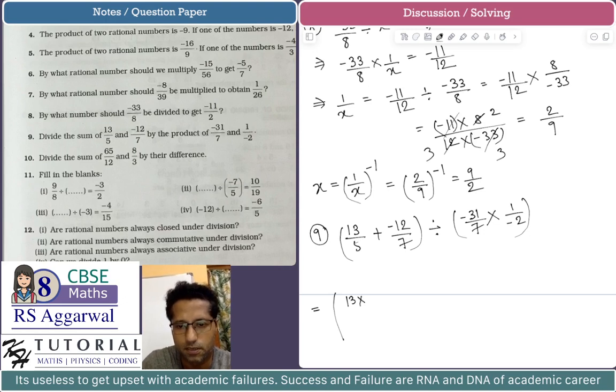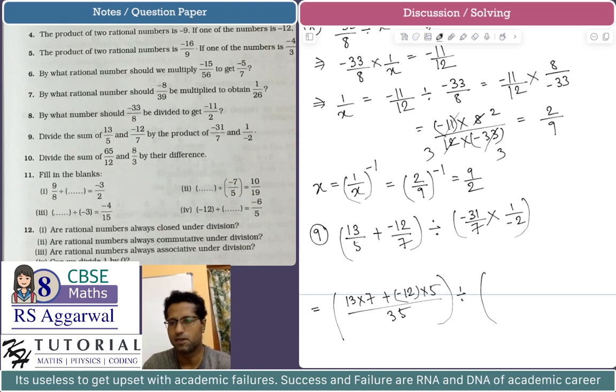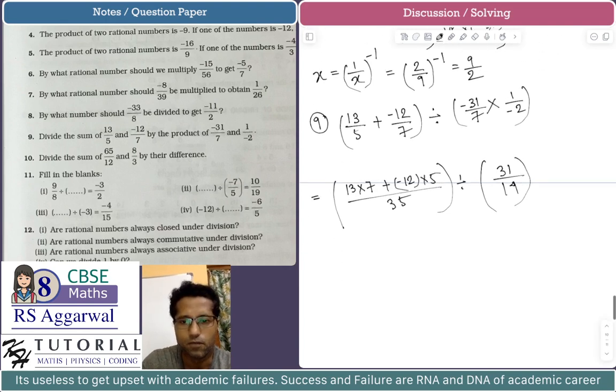So this becomes 13 into 7 plus minus 12 into 5 divided by 35, divided by the second bracket. In the second bracket, minus and minus cancel out, minus 31 and minus 2, and this becomes 31 by 14. Okay. Now if we further simplify the first bracket, this is 91 minus 60 divided by 35, divided by 31 by 14.